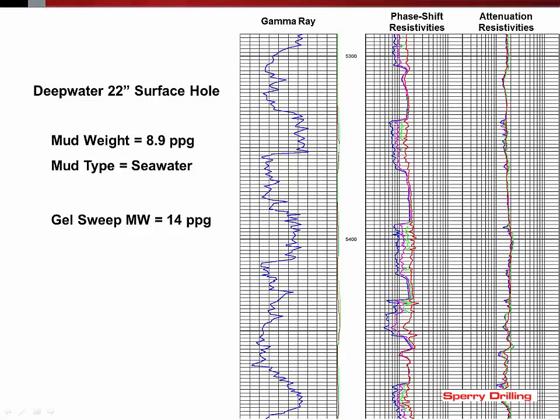We can't figure that out precisely enough. All we can do in this case is to explain what we're seeing and to explain to the customer that this is not actually a depth issue. We're not drilling through a sand shale sequence as you might expect from the gamma ray. This is simply a consequence of the gel sweeps that are being pumped, which is disrupting the measurements from both tools.